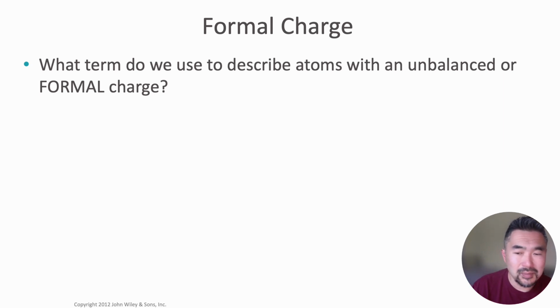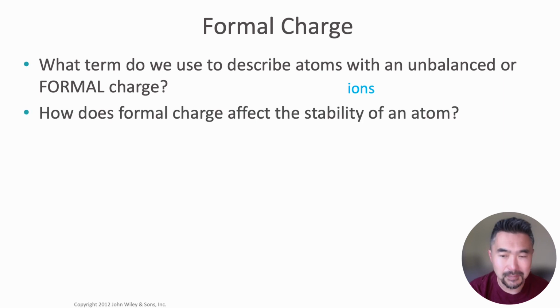And that is a term that describes where the actual charge lies in a given structure, or which atom of a molecule has the charge. But the overall molecule that does have the charge, we would call those ions, right?